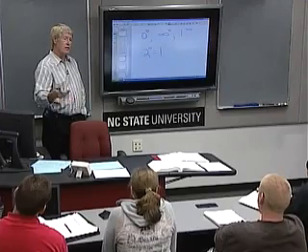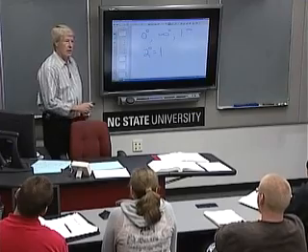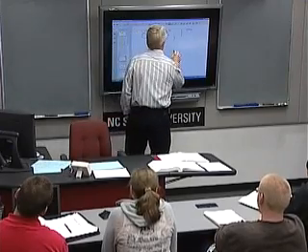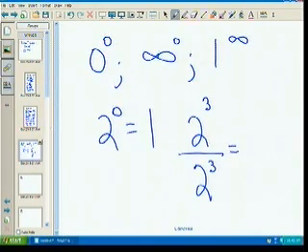But then 2 to the 1 would have to be something different, wouldn't it? If 2 to the 0 were 2, then 2 to the 1, we'd have to come up with a new rule. Let's just make our own rules. How would you handle 2 cubed over 2 cubed? It's the same in the numerator and denominator, but don't we also have a rule that handles division of two things with like bases?